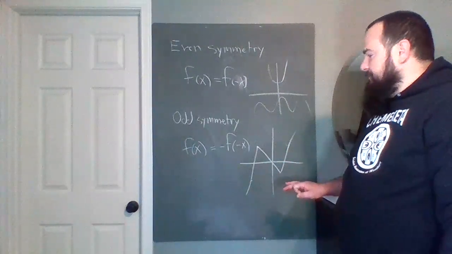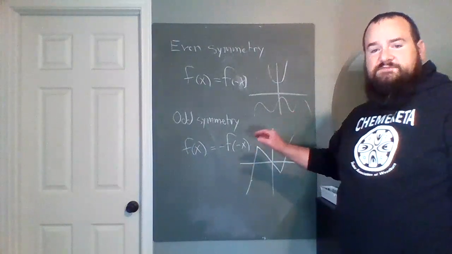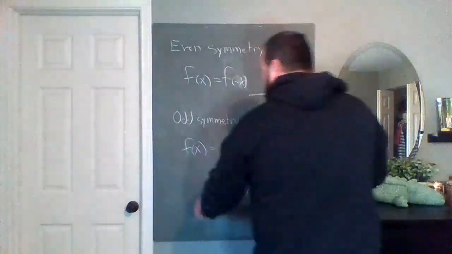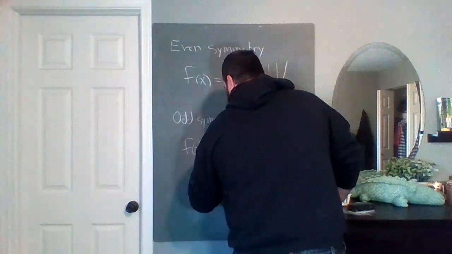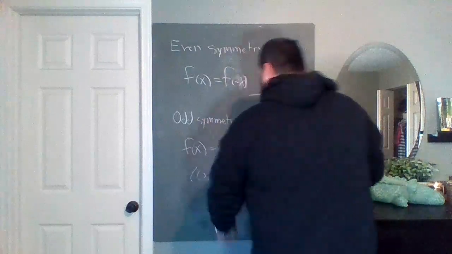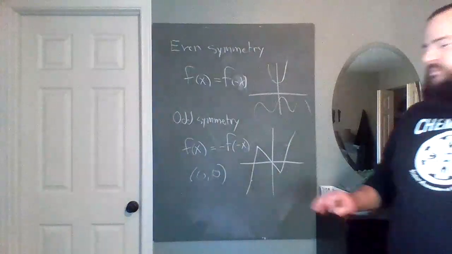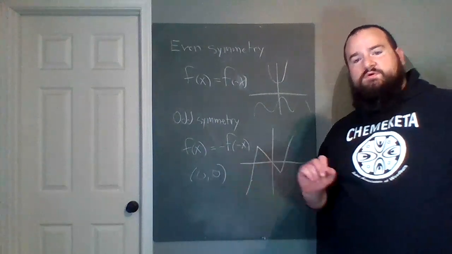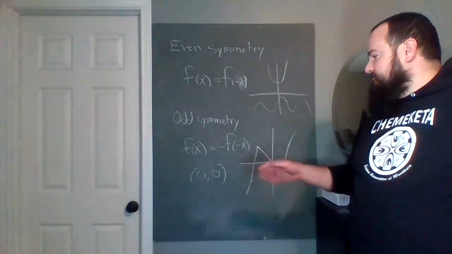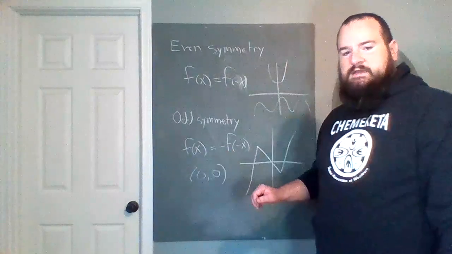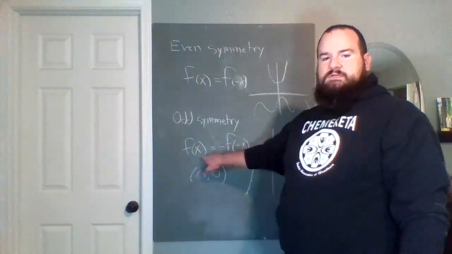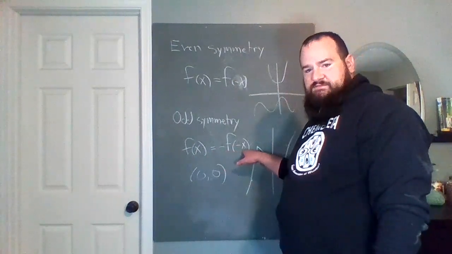Now, it's really cool. An odd symmetric function has to go through the point 0, 0. An odd symmetric function must go through the origin. And the reason for that is if we look at this right here, f of 0 is equal to negative f of negative 0.